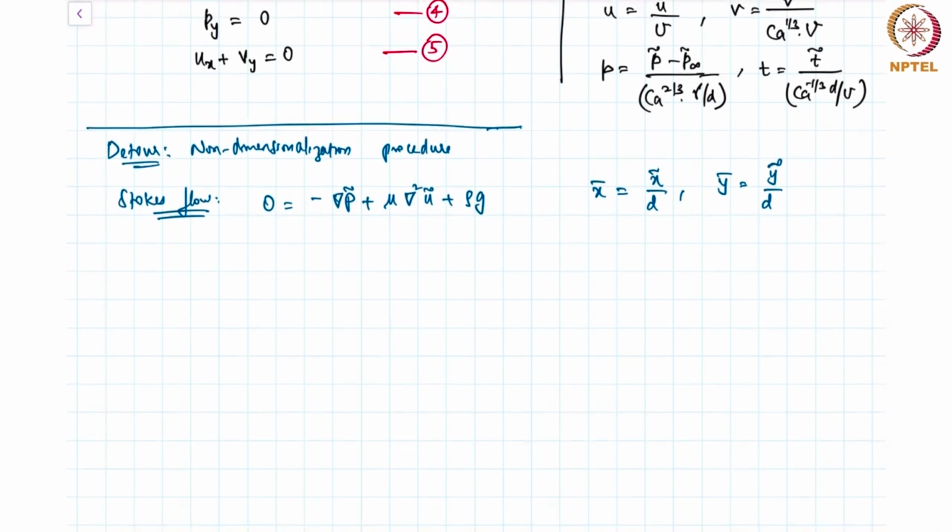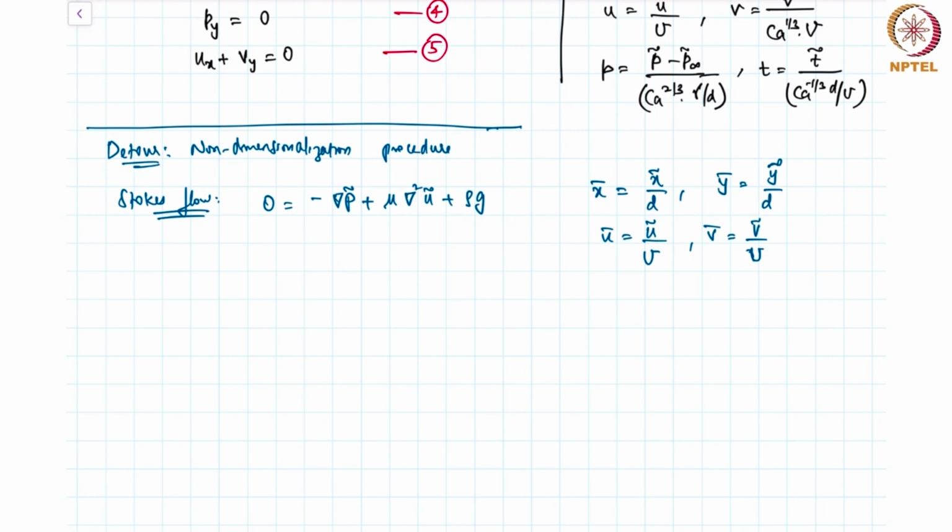And similarly, we can do the same thing for velocity. U bar is u tilde by capital U, v bar is v tilde by capital U again. So there is no variation. We haven't introduced the lubrication approximation yet.